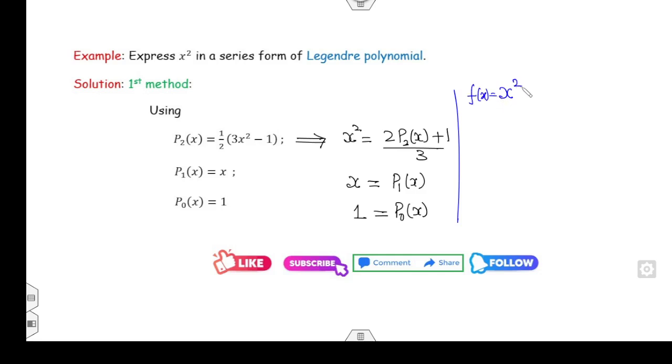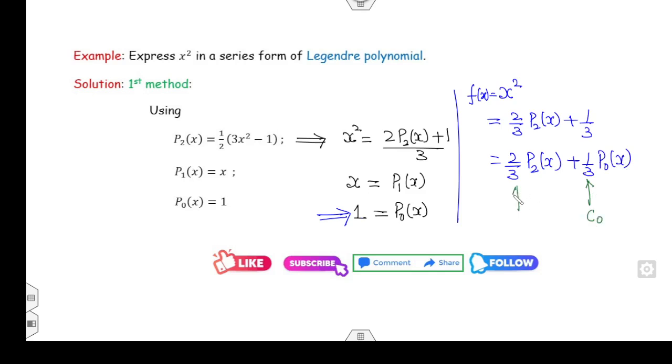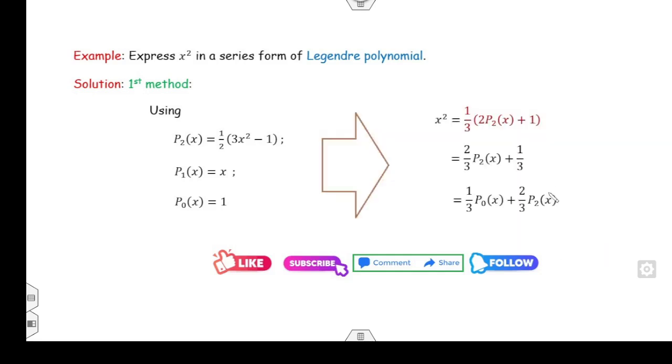Given f(x) is x squared. What is the value of x squared? It is 2/3 P2(x) plus 1/3. I can write 1/3 in terms of P0. What does it mean? If you compare, that number will be my c0, that number will be my c2. Therefore, c1 will be 0, which is the required result of the problem.